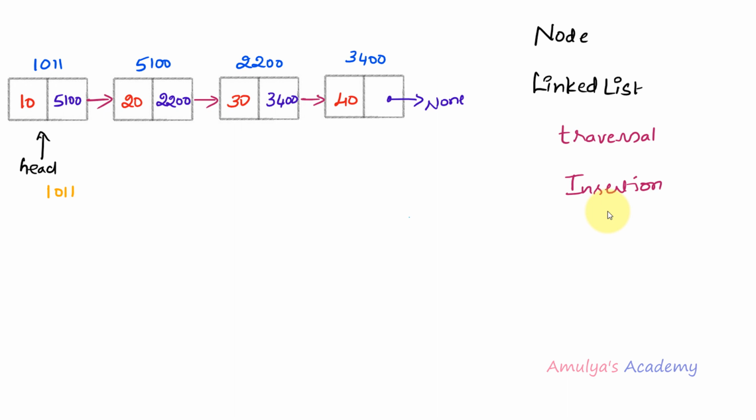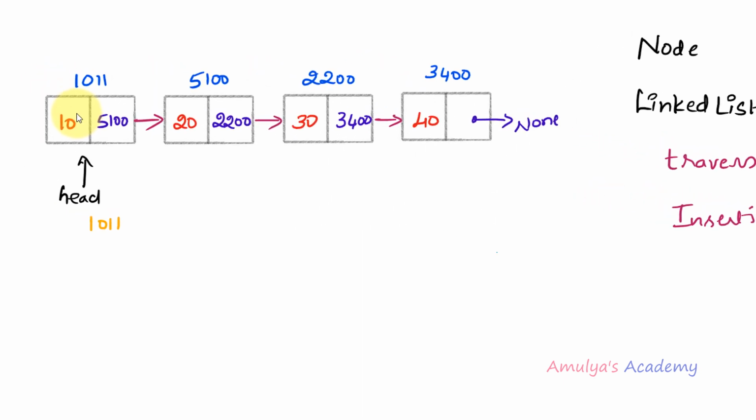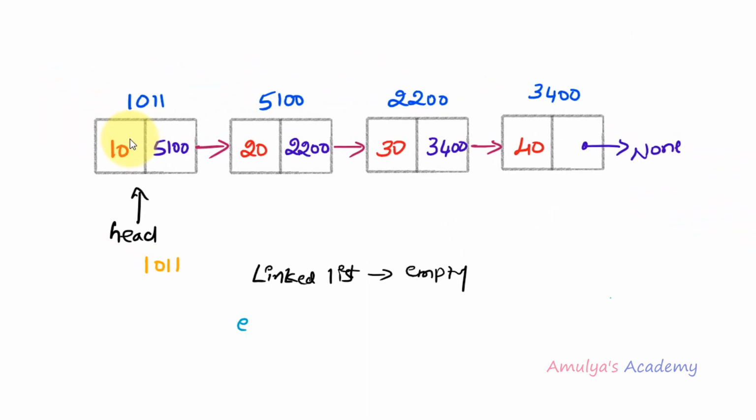Alright, so now we want to delete the node from the beginning of the linked list. That means we are deleting this node, the first node of the linked list. Whenever you want to perform the deletion operation, first we need to check whether the linked list is empty or not. If it is empty, then we should print a message, like the linked list is empty, so you can't delete the element.